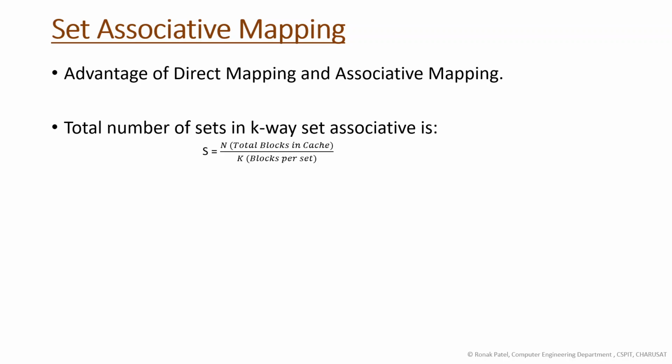In that, after dividing your cache memory into blocks, the blocks are grouped in sets. Based on that, k-way set associative means how many blocks are there in one set. If I say two-way set associative, it means in one set two blocks are there.